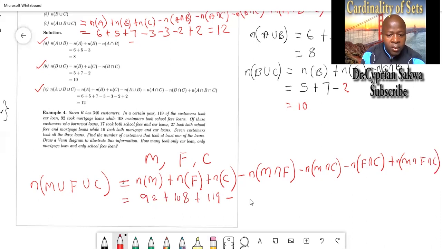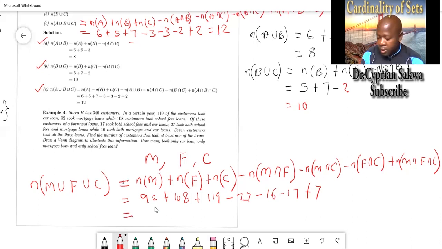How many are those? 27. Mortgage and car, 16 took mortgage and car loans, and fees and car, those were 17. And those who took all the loans was 7.